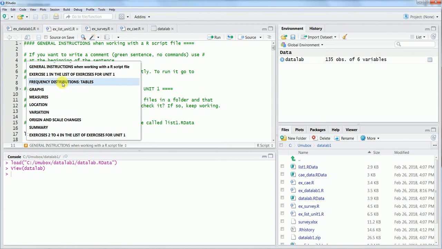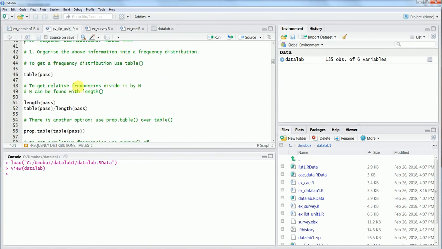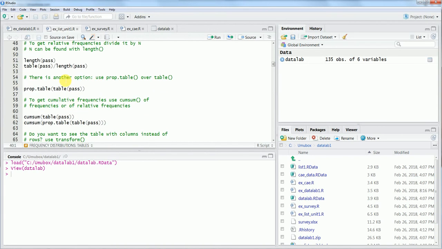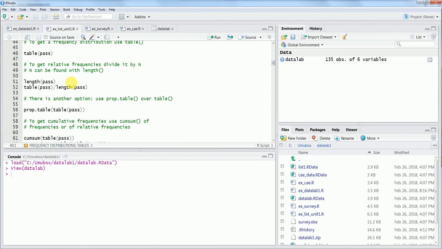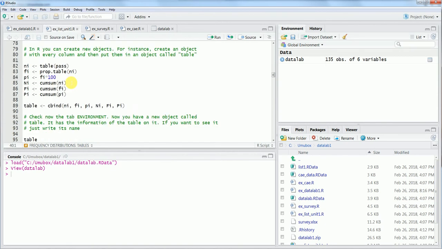So, for example, if I want to revise how to find a table, the only thing that I need to do is go into that section in the exercise, in the script, and there you will have an example about how to find a table, how to find absolute frequencies, or relative frequencies, or cumulative frequencies, and so on.